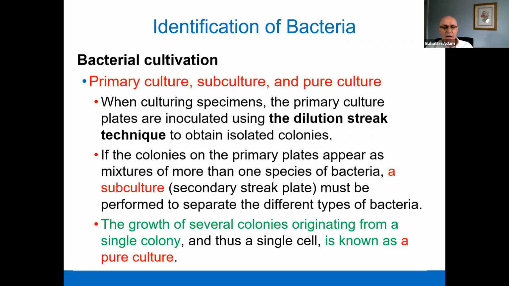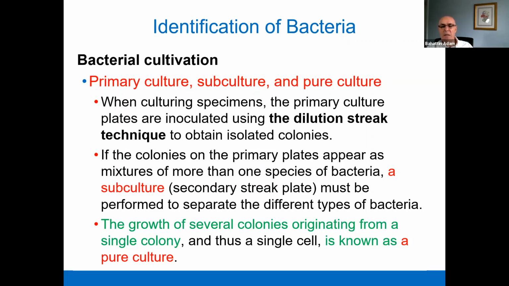Okay, after subculture, you separate these different species from each other, and then you put a single cell on a plate and let it grow. That is known as pure culture.